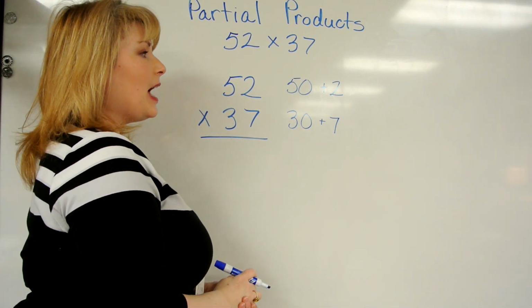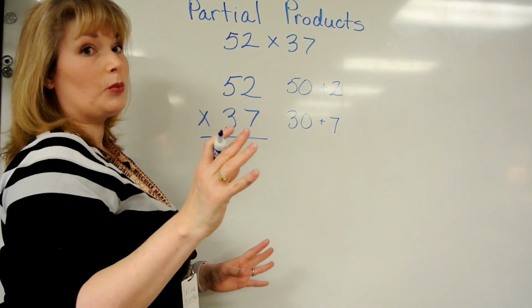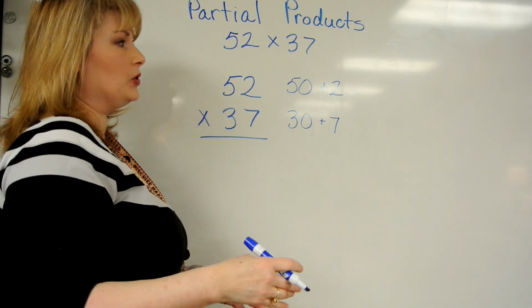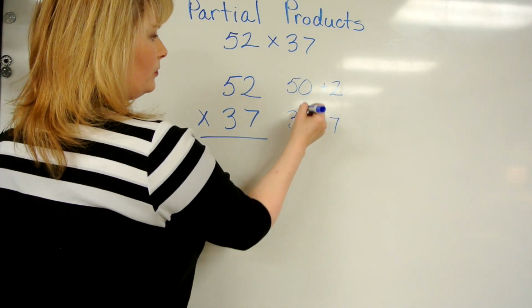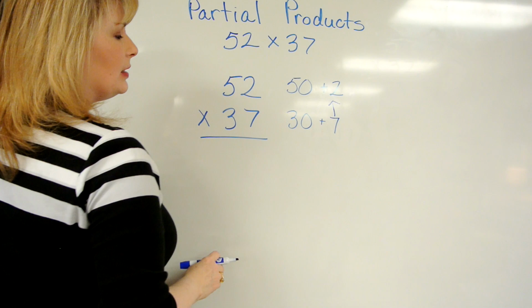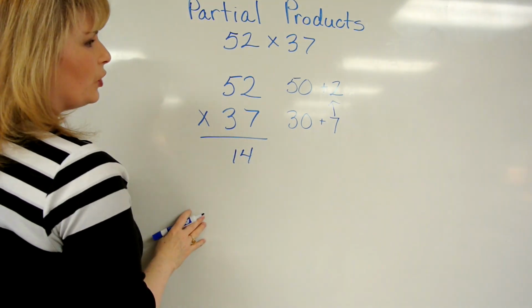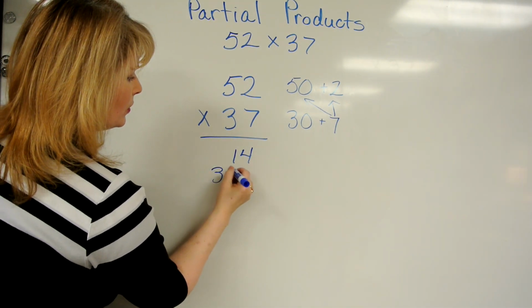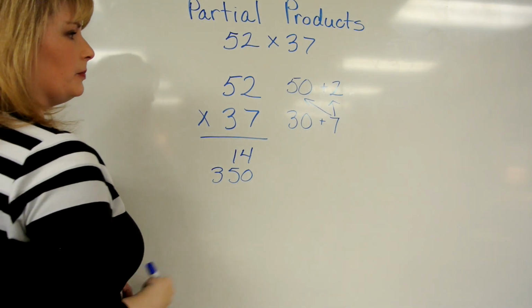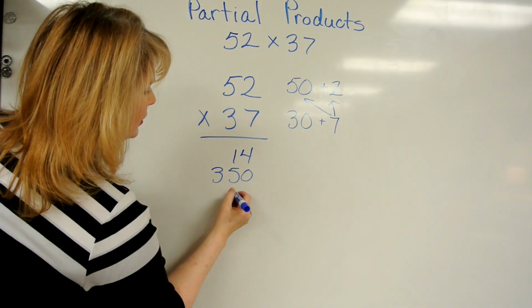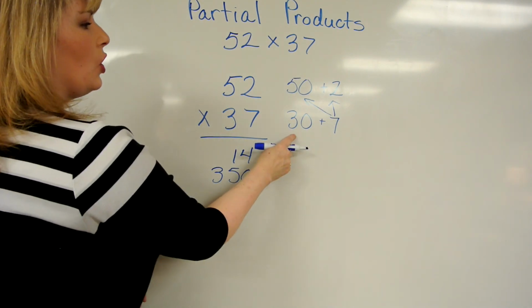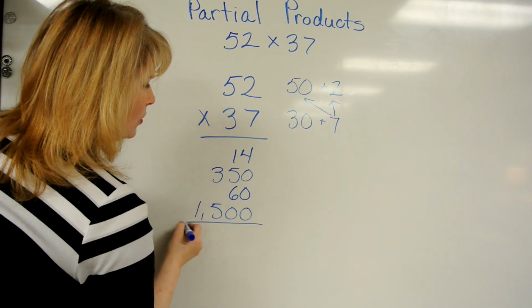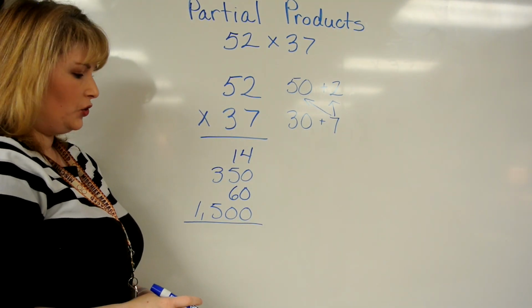they're going to bust up their number. All right. And now we call it multiplication wrestling. That's what the book calls it. But again, you're going to find your partial answers. So I'm going to start off with 7 times 2, 14. 7 times 50, 350. 30 times 2, 60. 30 times 50, 1,500, all right?